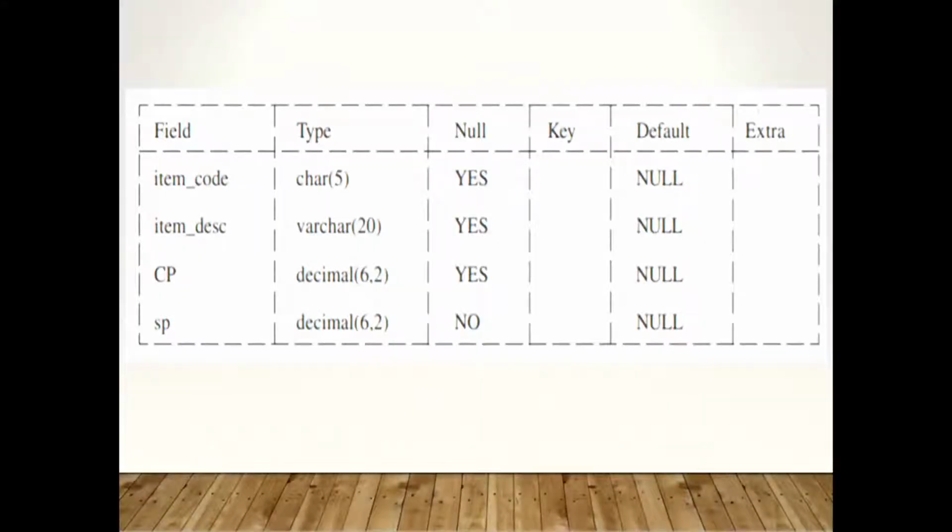So this is the structure it will specify for the items table. The different fields, item code, item description, cost price, selling price, the data type, and then whether it can be null, whether it is a key, what is the default value, and anything extra. So the describe keyword describes the whole details of a particular table.